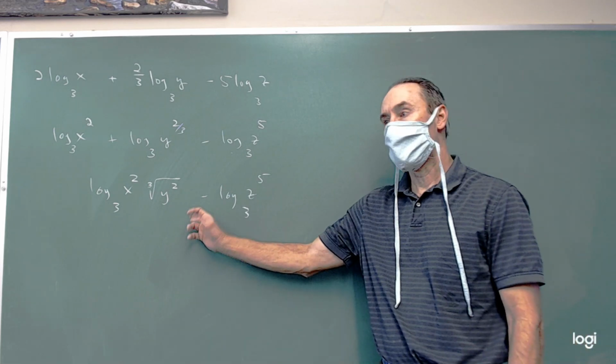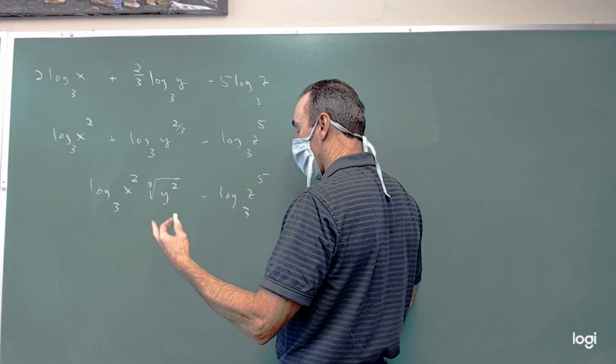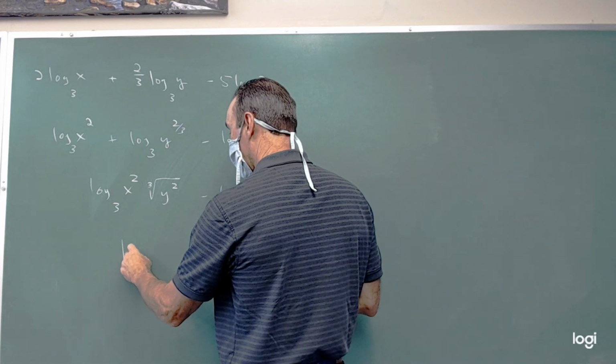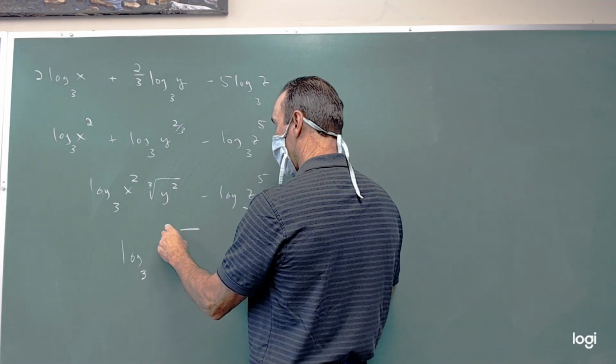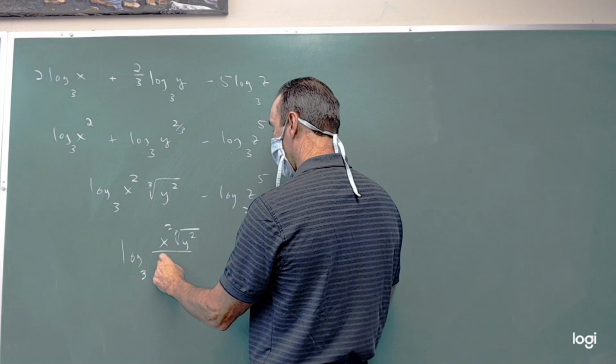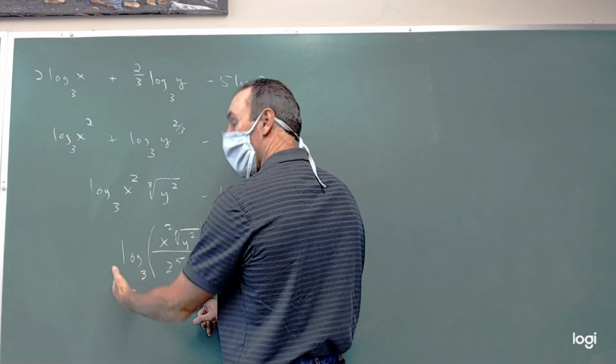And the subtraction becomes a division. Remember, at the end of the day, there's not lots of logarithms, there's only one logarithm. So x squared cube root of y squared over z to the 5th, but that's all inside of one logarithm.